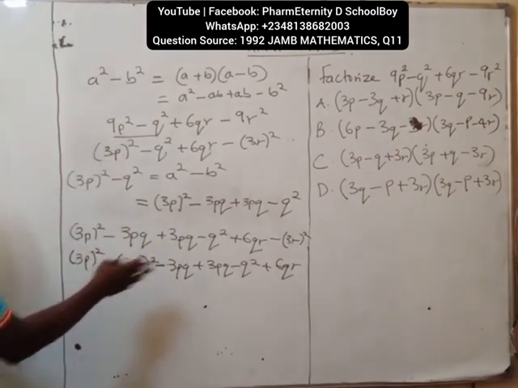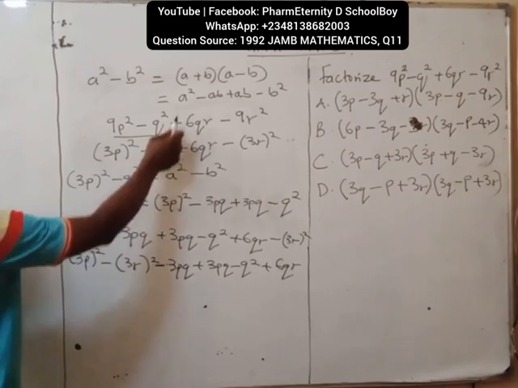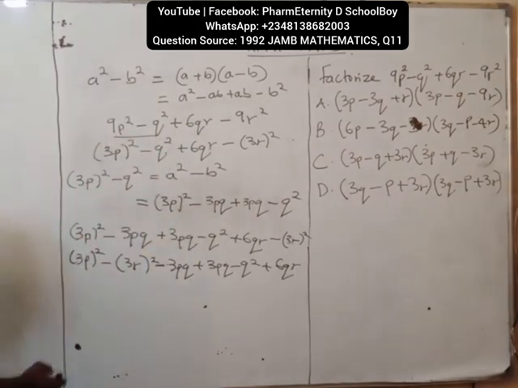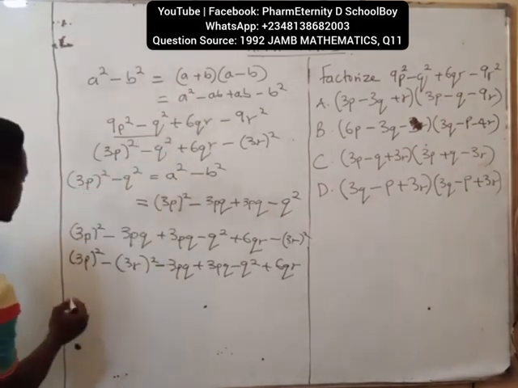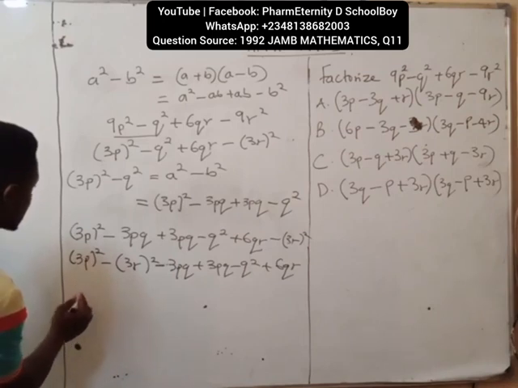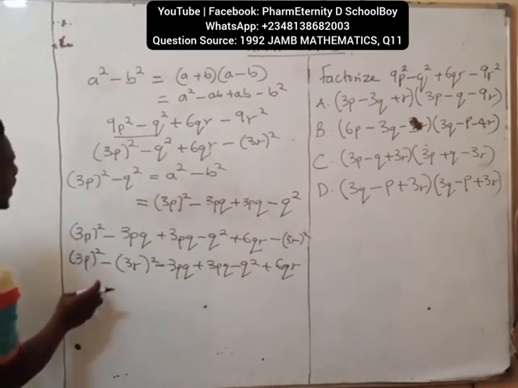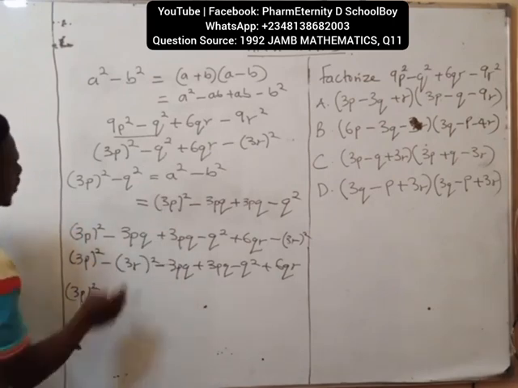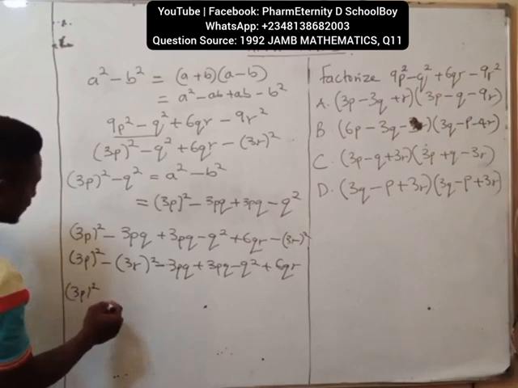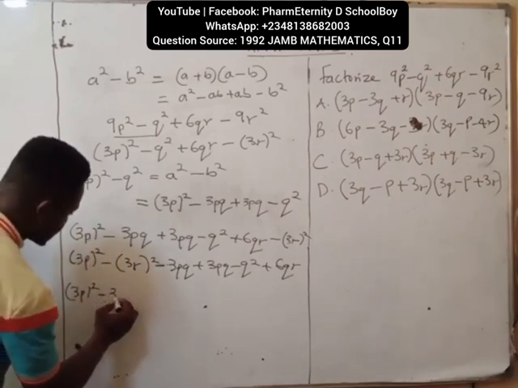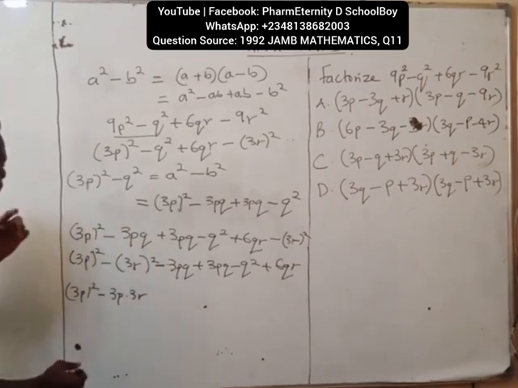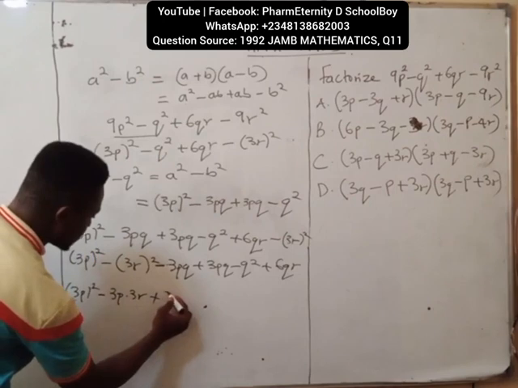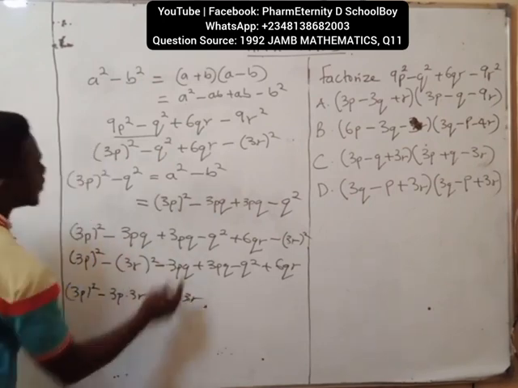So let us just substitute straight without wasting time. Taking 3p to be a and 3r to be b, we have a squared, which is (3p) squared, minus ab, a is 3p, b is 3r, so we have 3p times 3r, minus 3p times 3r, then plus 3p times 3r, then minus b squared.